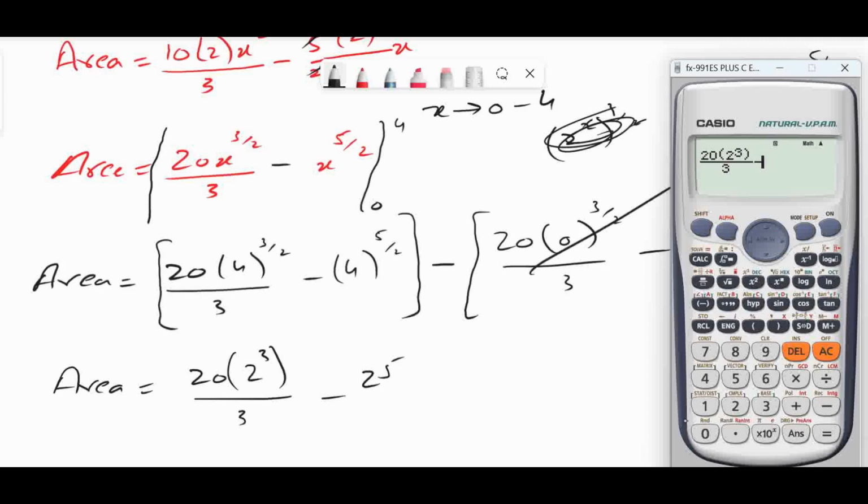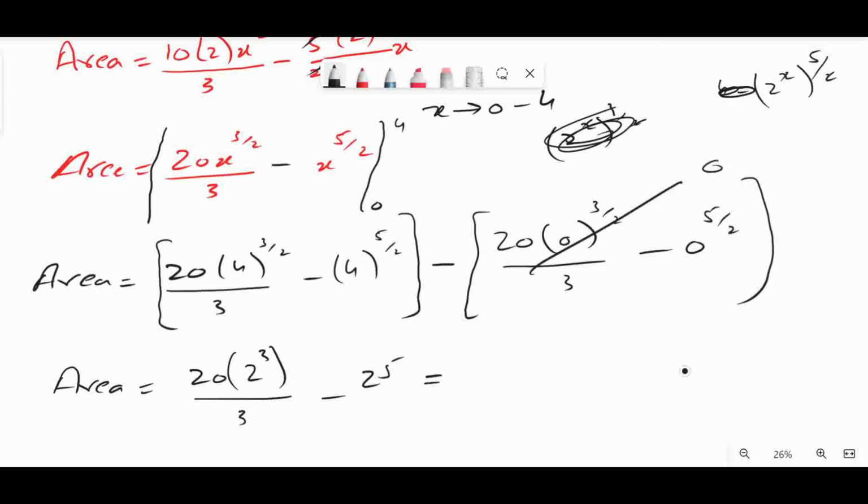You have to take care of the calculations. So this will be equal to 64 by 3. So finally we can say that the area is equal to 64 by 3.